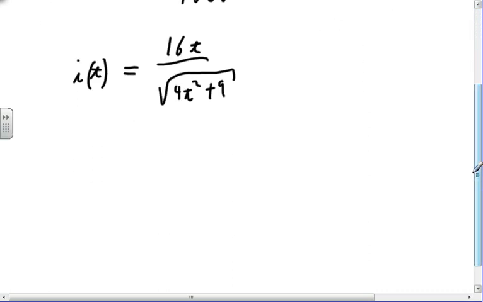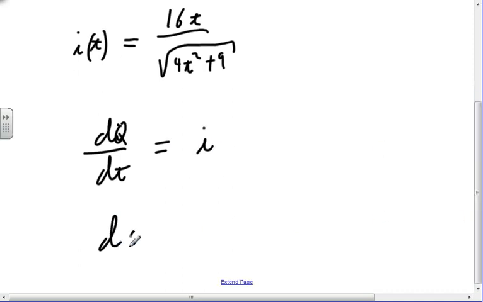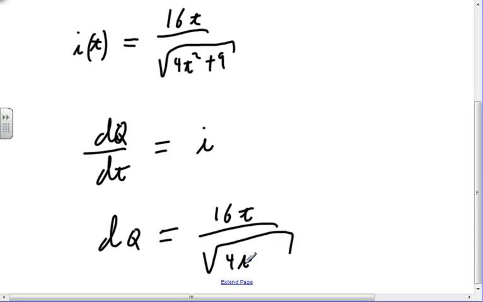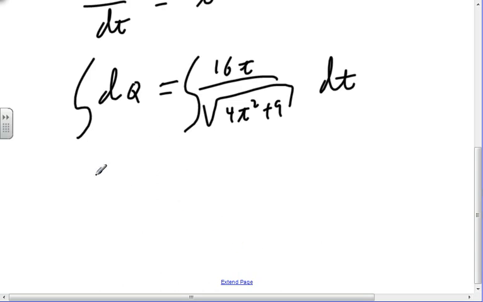Okay. dq dt is equal to the current. dq is equal to 16t divided by the square root of 4t squared plus 9 dt. I'm going to integrate both sides, and I'm going to get the charge at t is equal to something.